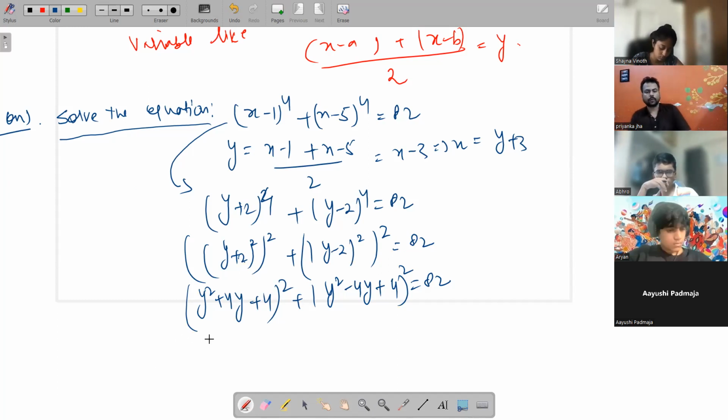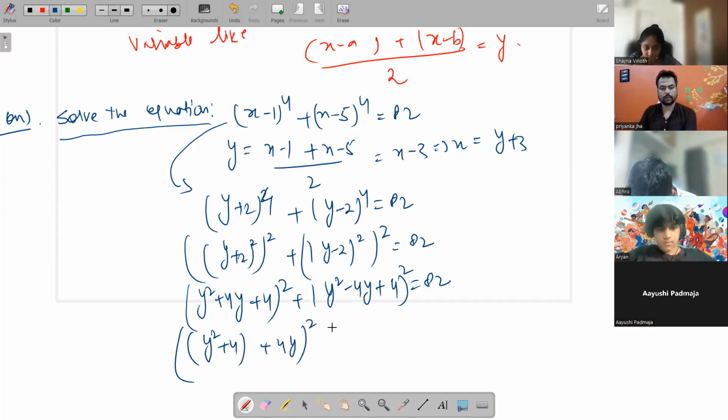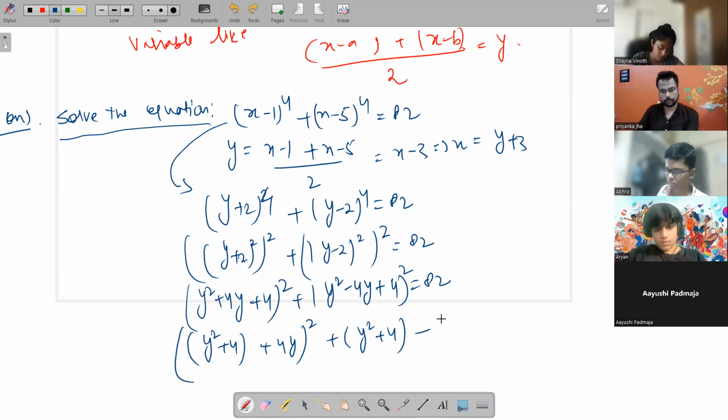Because this is not same, do one thing, you just have to rearrange this. Write this as y square plus 4 plus 4y whole square, and plus y square plus 4 minus 4y whole square equal to 82.